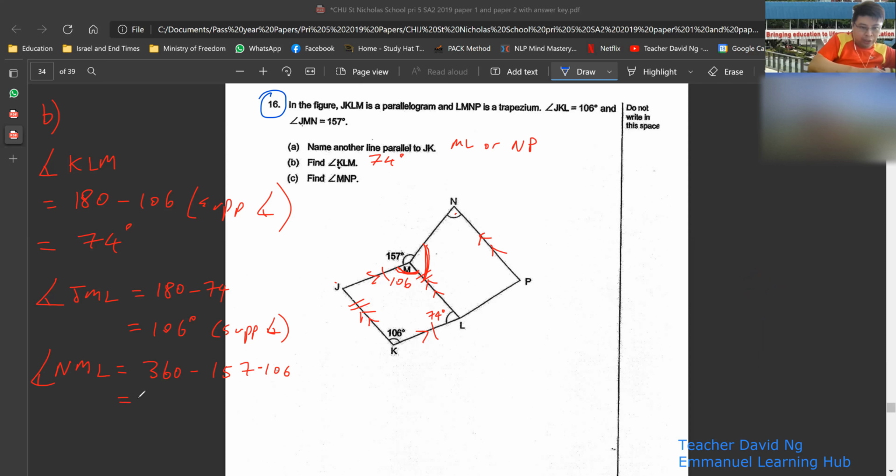Then you ask the calculator again. 360 minus 157 minus 106. That'll give you 97. That means this angle here is 97. If you know this angle is 97, you know this angle here.